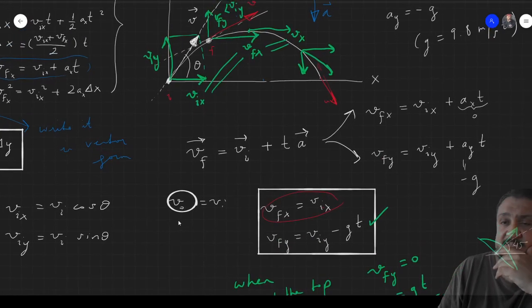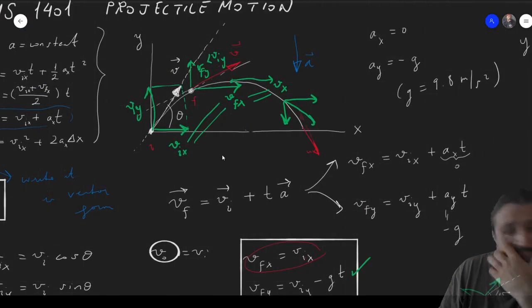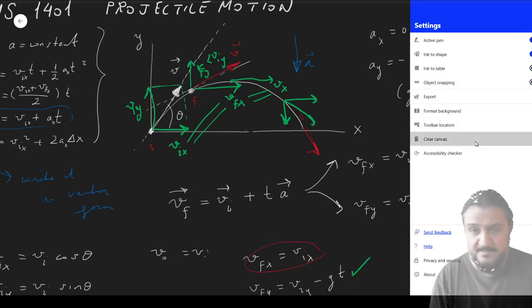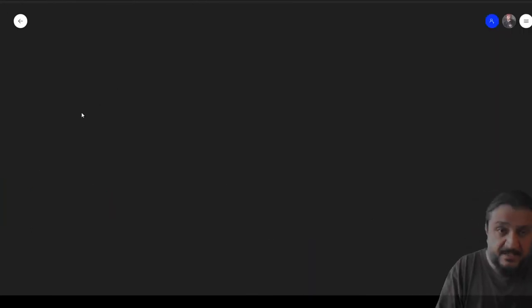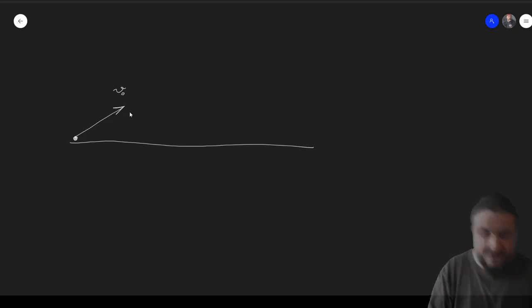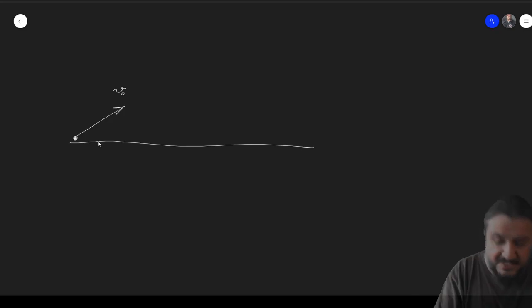So let's go back to the football example again. Let me clear this a little bit. Let's start fresh. All right, so you give the ball an initial velocity of, I'm going to call it v0 now, just for a change, okay? v0. So you get familiar with different notations.